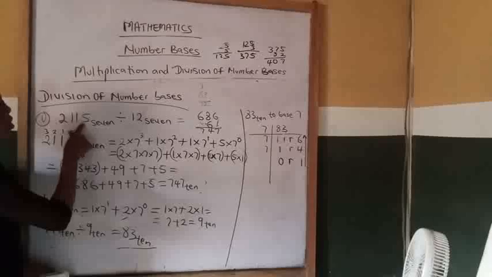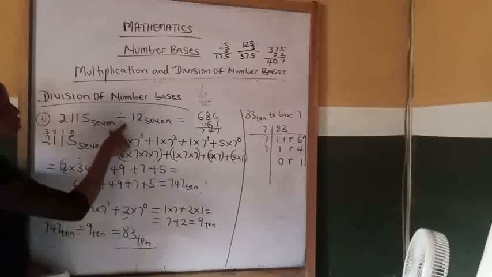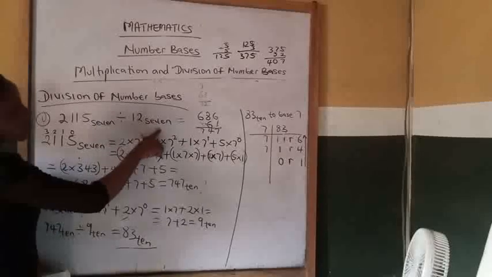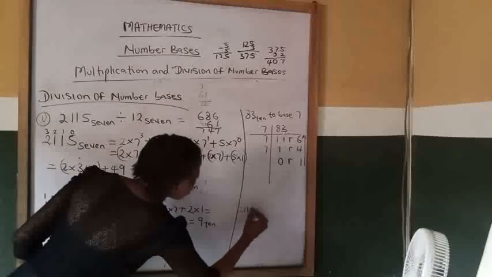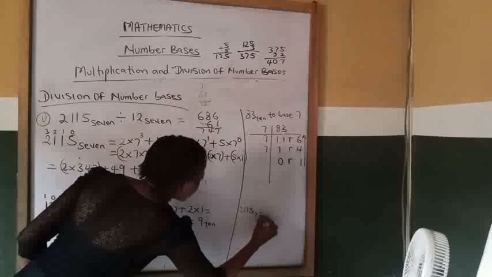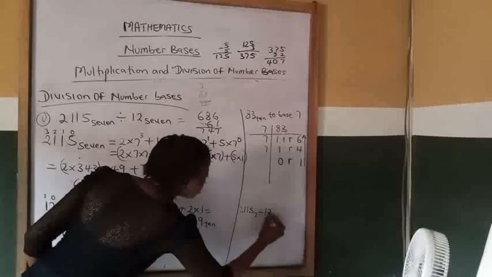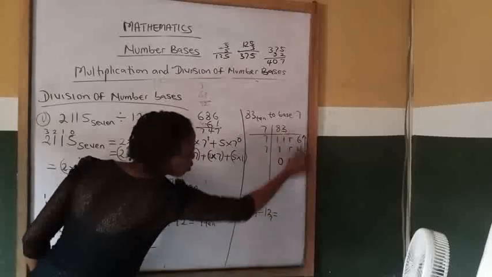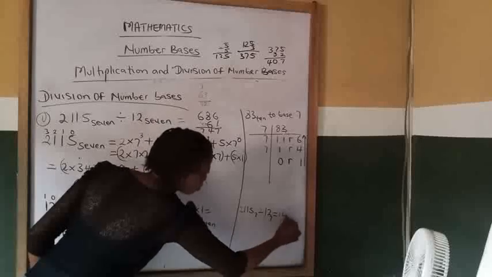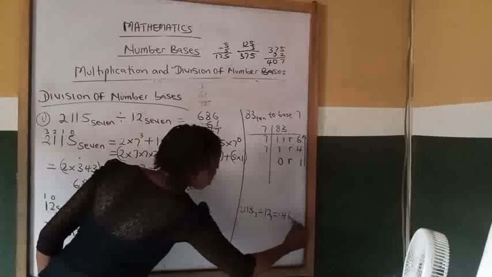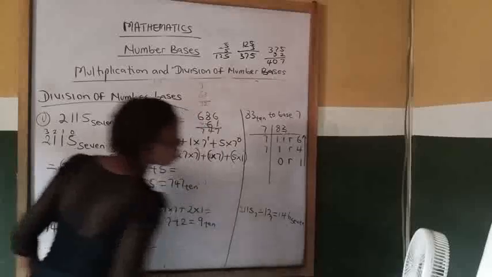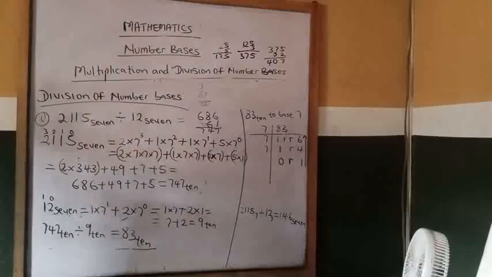So 2115 base 7 divided by 12 base 7 equals, taking the upward collection of our remainders, 1146 base 7. Base 7. That is the final answer.